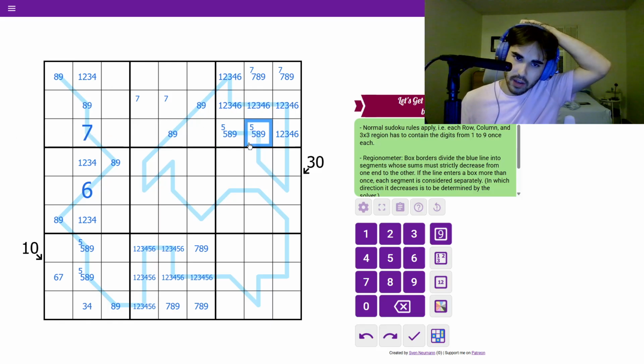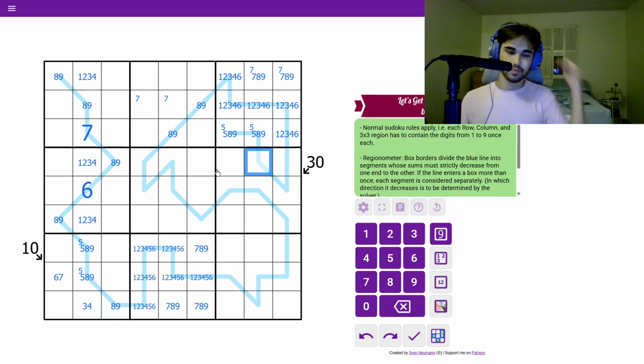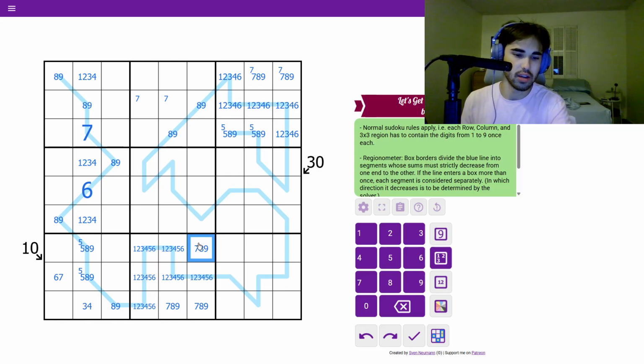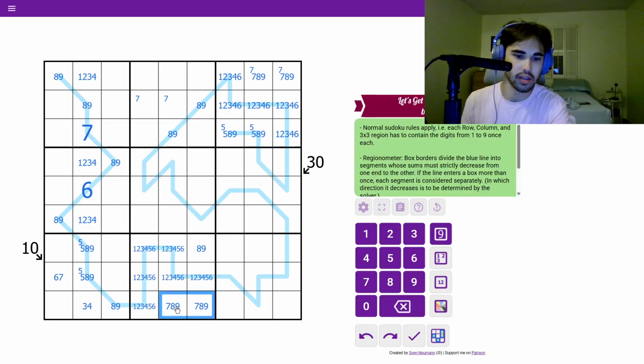Okay, so we did have the 7. You know what? This can't be 7. Because if it was, that forces 8, 9 here, and that cell couldn't be anything. So this can't be 7. Just like how we got rid of that 5 in this cell. That's interesting. So 7s must be in one of those 2 cells.